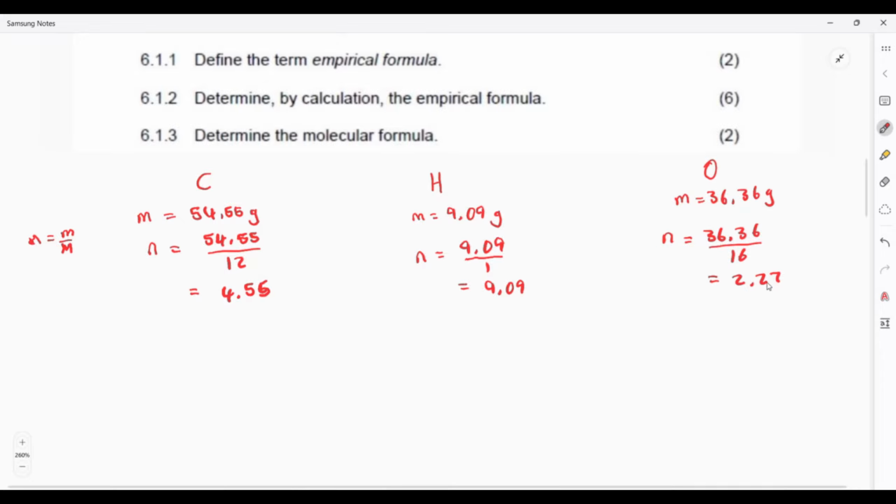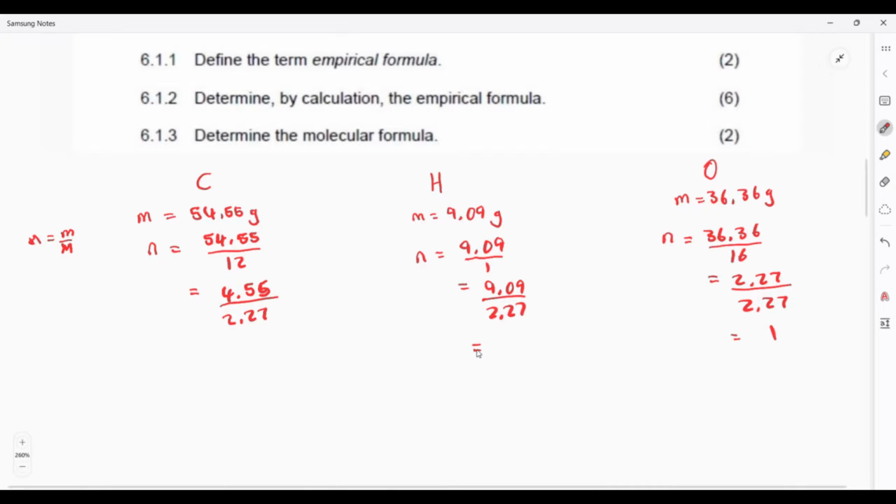So then from this step, you are going to divide by the smallest number of moles. Everything is divided by the smallest number of moles. So in this case, the smallest is going to be 2.27 divided by 2.27, and your answer will be 1, obvious.